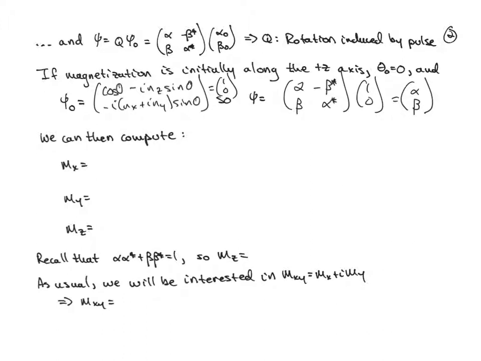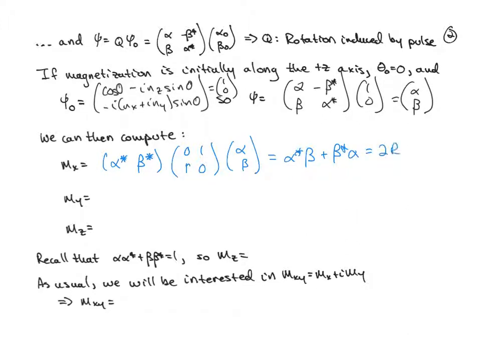Okay, and we can then compute mx, my, and mz from this by plugging it in with the definitions on the previous slide. So we get phi complex conjugate transpose, which is alpha conjugate, beta conjugate. Then we have sigma x. Then we have alpha beta, which is equal to alpha complex conjugate beta plus beta complex conjugate alpha, equals 2 times the real component of alpha complex conjugate beta.